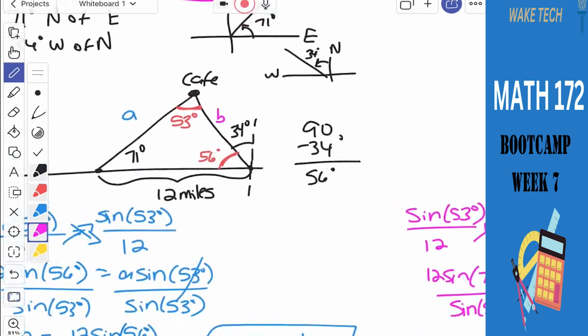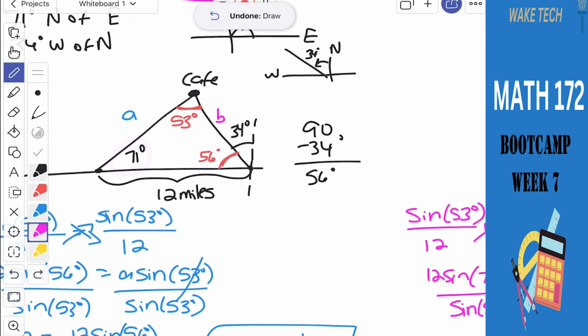Before we put this in, and maybe you've already put it in, my question's too late: what do we expect for the value of side B? If you've already done it, that's totally fine too. But since 71 degrees is the largest angle inside the triangle, B has to be the biggest side of the triangle too. So B is going to be at least 12.46 miles, because currently that's the smallest value we've got, and B has to be bigger than that.